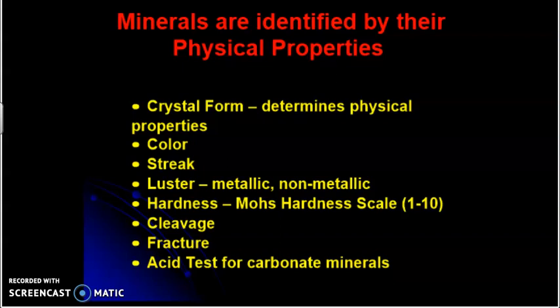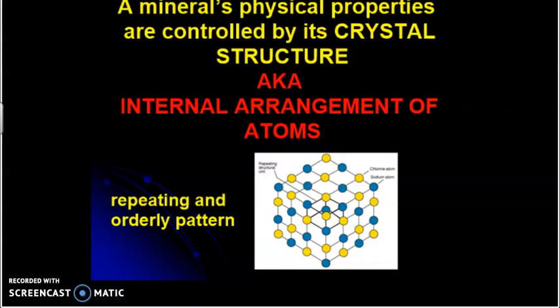Hardness, which we will be using a scale called Mohs hardness scale. Cleavage, fracture, or an acid test for the carbonate minerals. As I said previously, a mineral's physical properties are controlled by this crystal structure. This will become the mantra for physical properties of minerals.